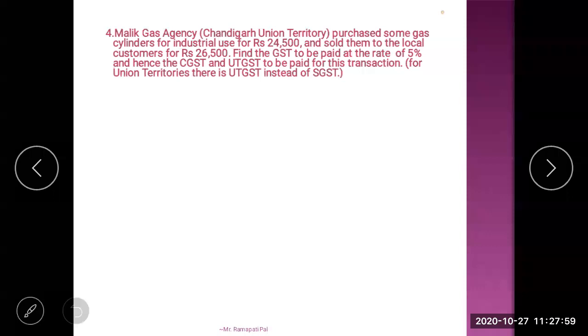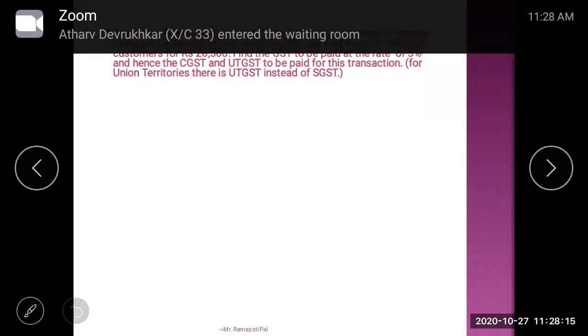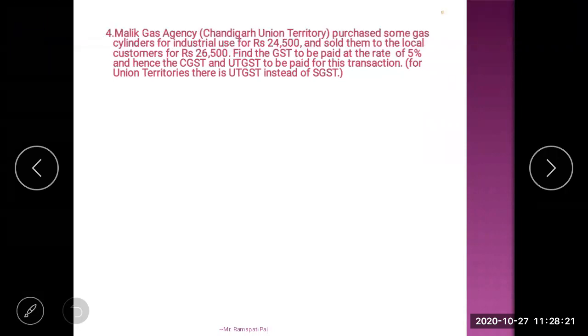I'm thinking that I should unmute anyone's mic and they will read the question and tell what is the input tax, output tax and what is the answer. So you agree? I will unmute one student's mic, who will read the question and tell from it what is the input tax and what is the output tax.